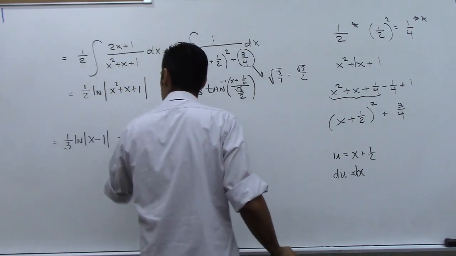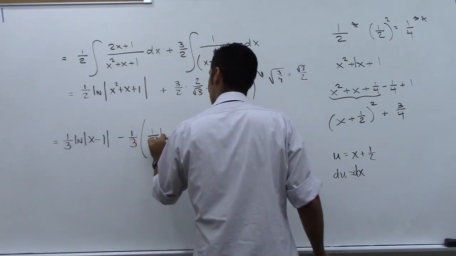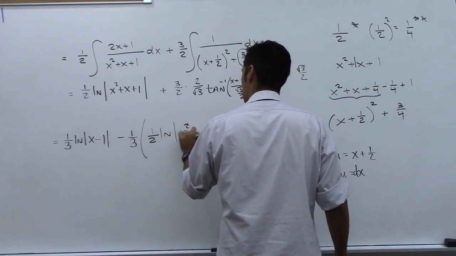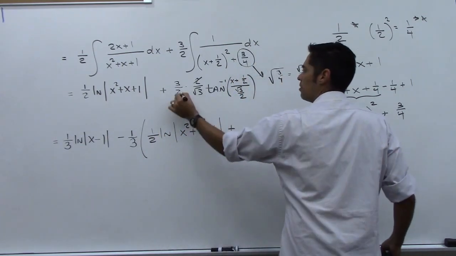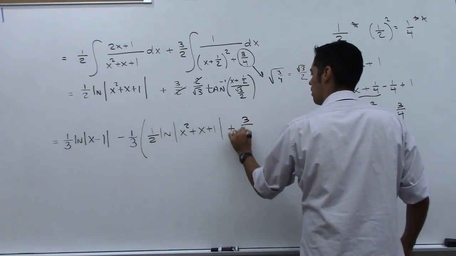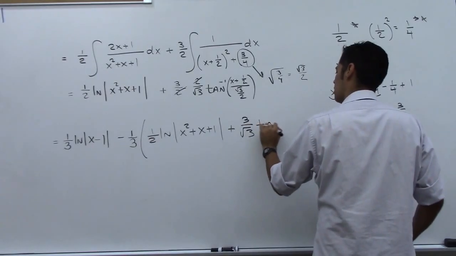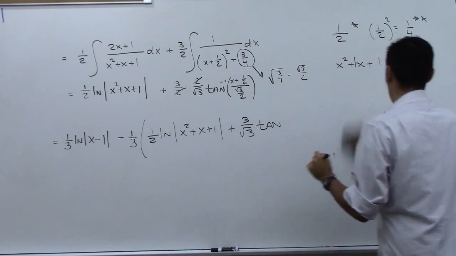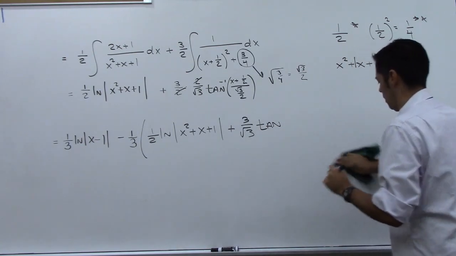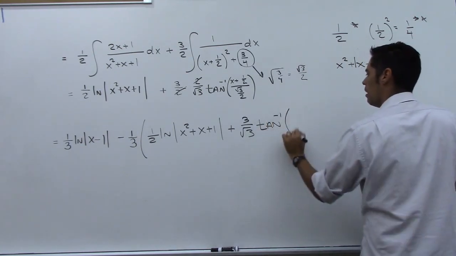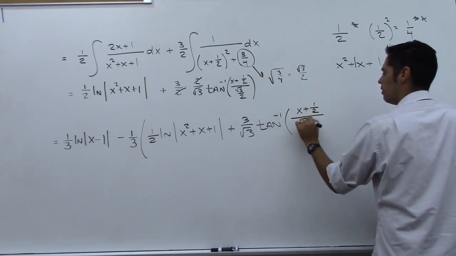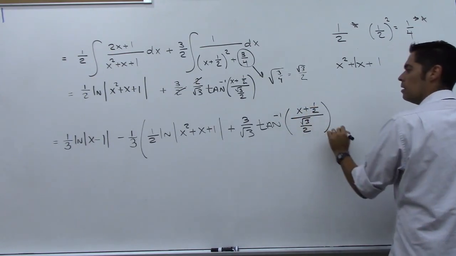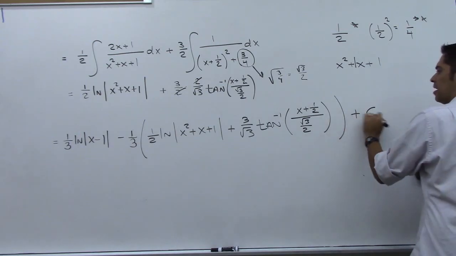So I've got this 1/2 natural log of x squared plus x plus 1, and then plus, these two's cancel, 3 over root 3 arctangent of (x plus a half) over (root 3 over 2), close it, plus c.